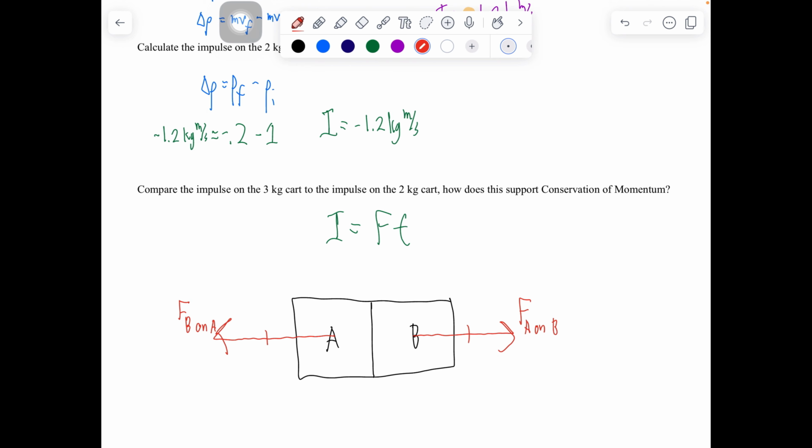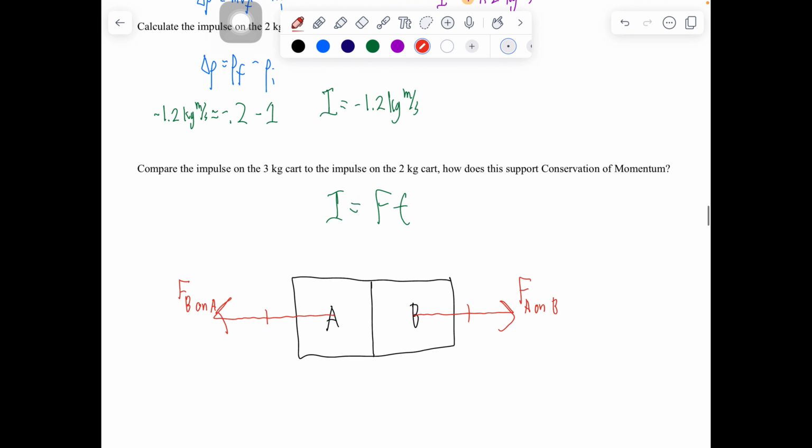Remember Newton's third law. If you hit your hand on the table, it hits you with just as much force, but in the opposite direction. So whenever there's a collision, the objects exert the same magnitude force in the opposite direction.